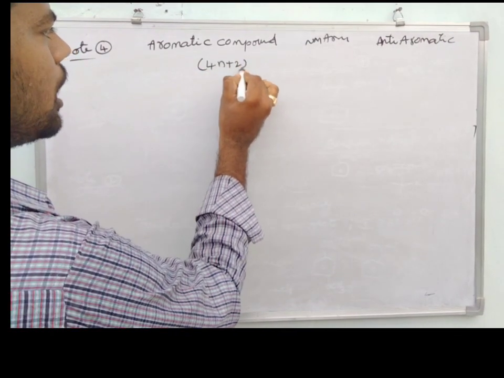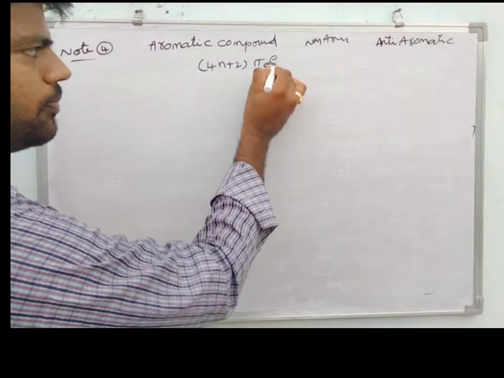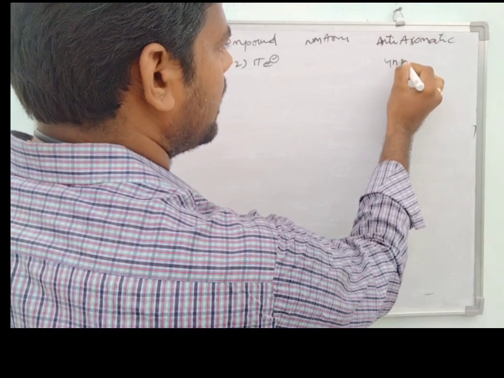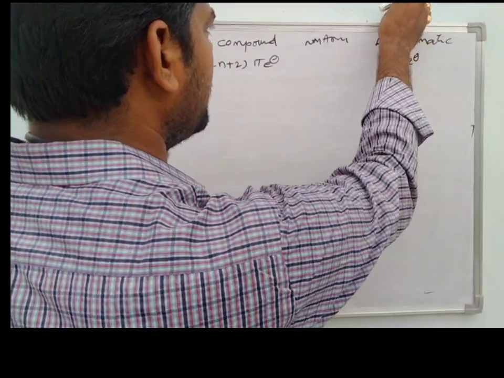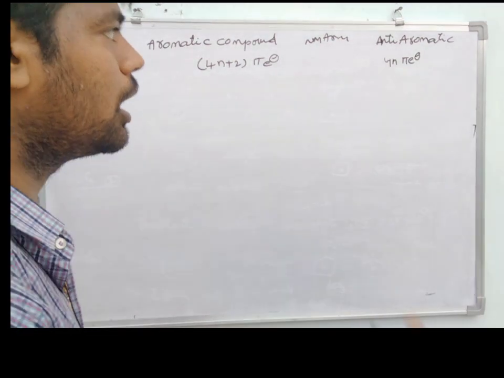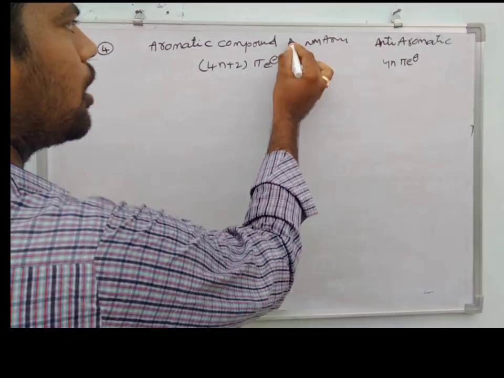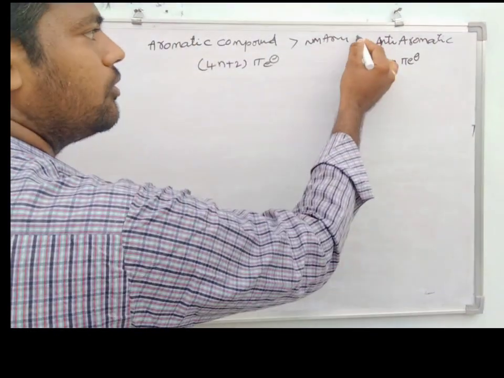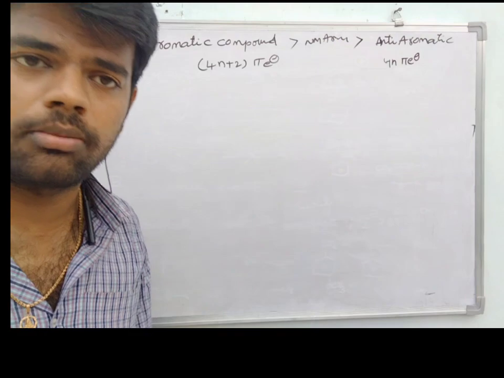Huckel's rule, it follows the 4n plus 2 pi electron rule. And we already know that anti-aromatic means 4n pi electrons. If the compound is aromatic, non-aromatic, and anti-aromatic, aromatic always undergoes SN1 faster. Later it becomes non-aromatic, and finally anti-aromatic.